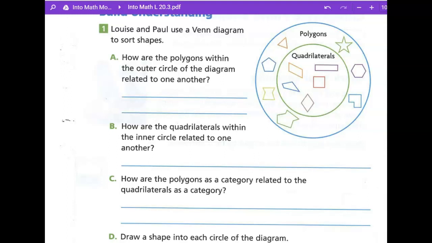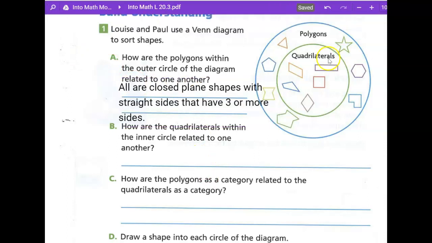They are all closed. They are all made of line segments, so they're closed plane shapes with straight sides, and they have 3 or more sides. So the outside shapes meet all that criteria.